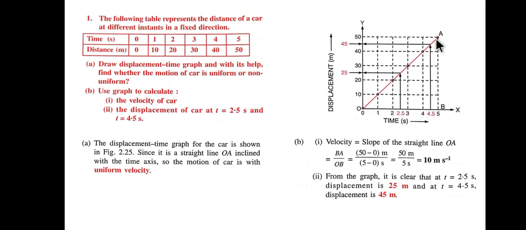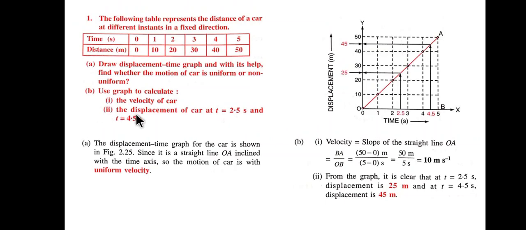The perpendicular over here is AB, which is equal to 50 minus 0, that is 50 meters, and OB is the time, equal to 5 minus 0, that is 5 seconds. So 50 divided by 5 is equal to 10 meters per second. That becomes the answer, the velocity of the car.